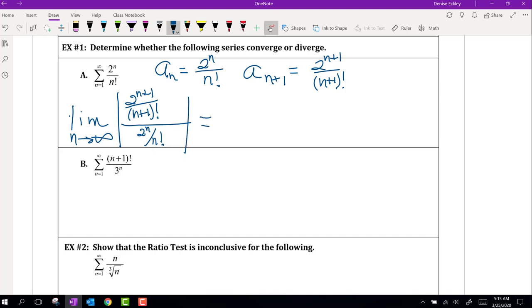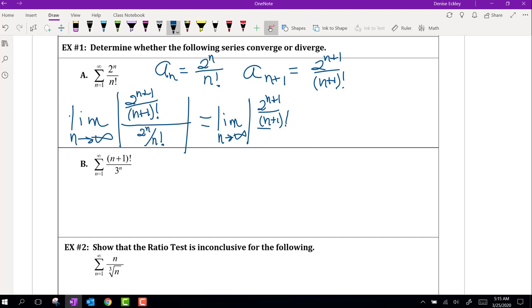You have to simplify that. If you want to show that you're multiplying by the reciprocal, you can do that if it helps organize this in your head. If you're fine with just simplifying the fraction, this step would be unnecessary for you.